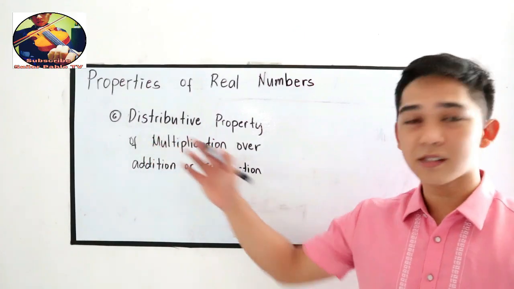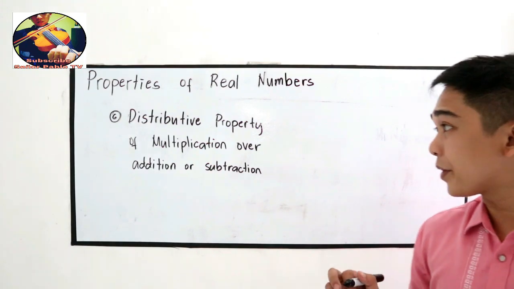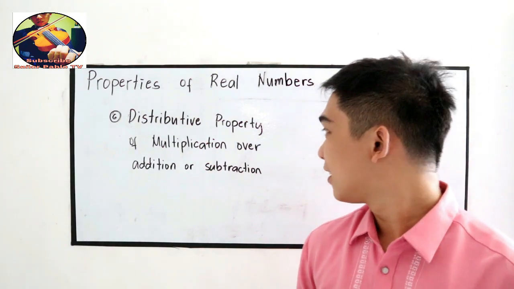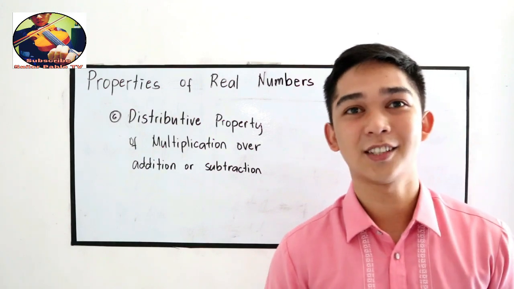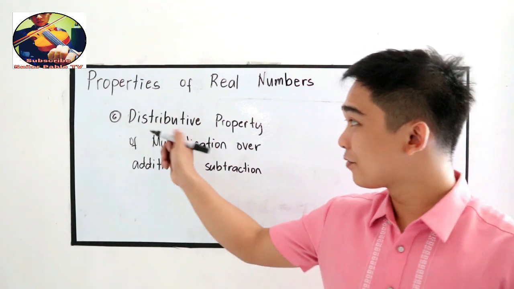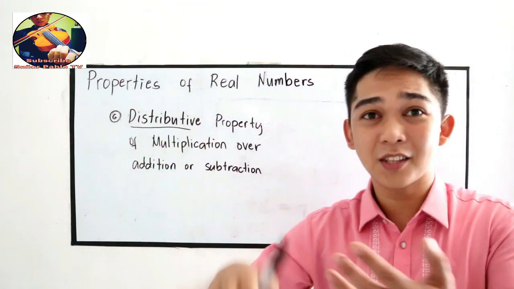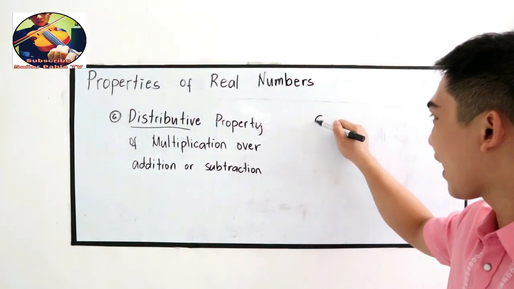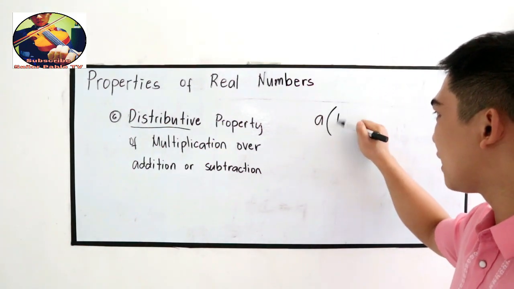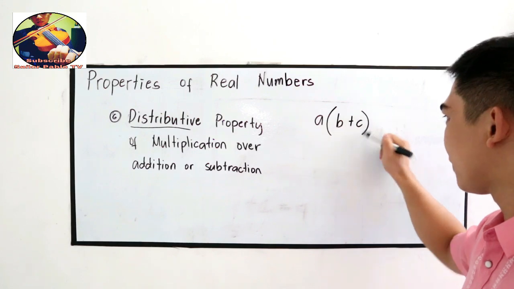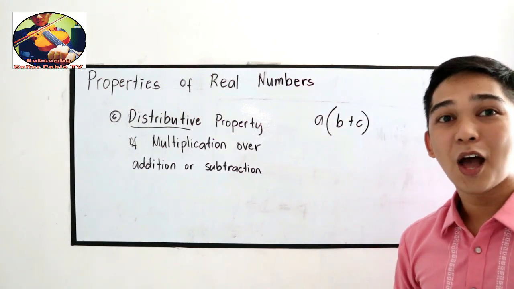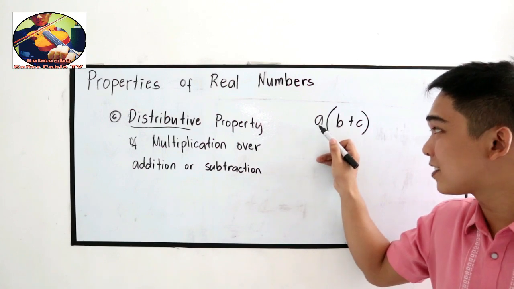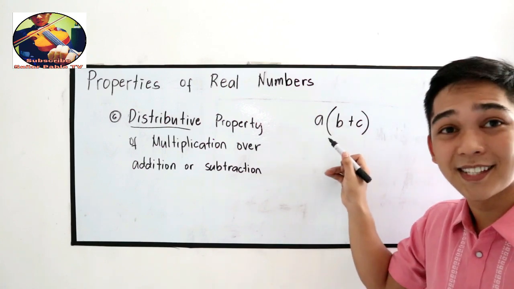And our sixth, distributive property of multiplication over addition or subtraction. From the word distributive, so mag-distribute tayo. So, if I have A quantity B plus C, ano yung magiging i-equal niyan? So, i-distribute daw natin si A nasa loob ng parentheses.